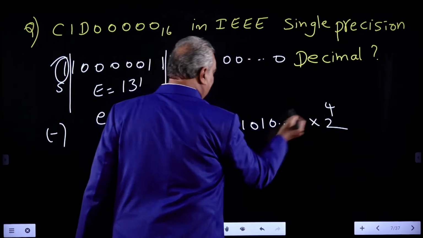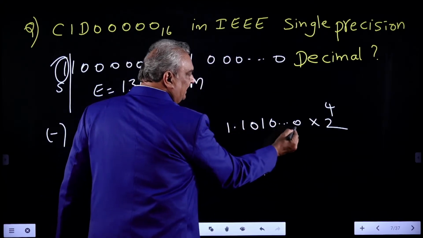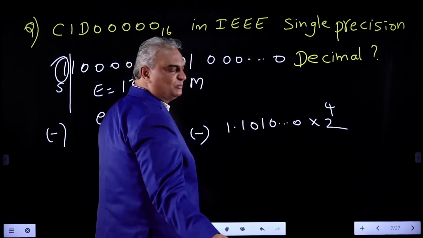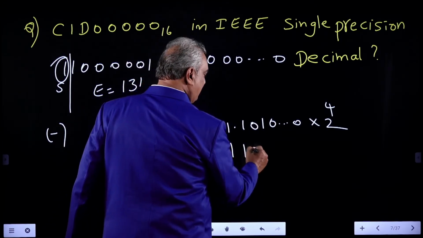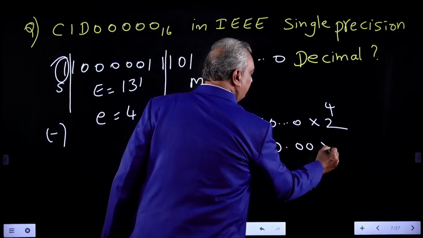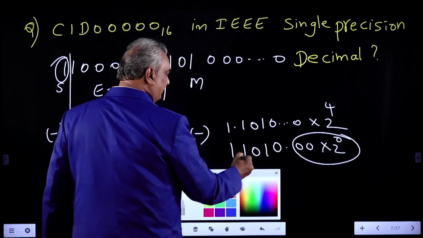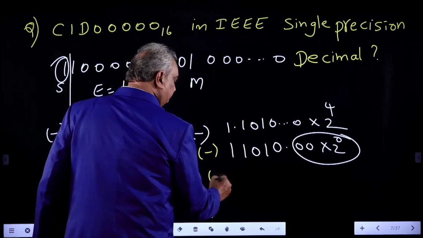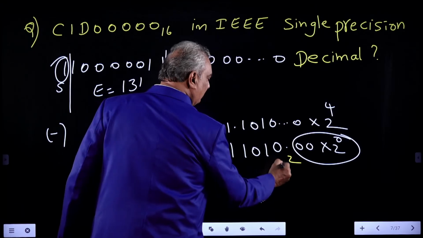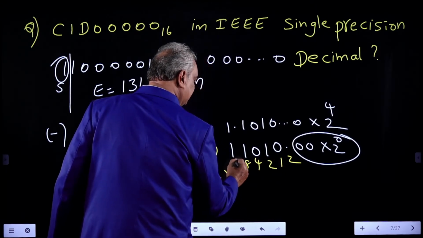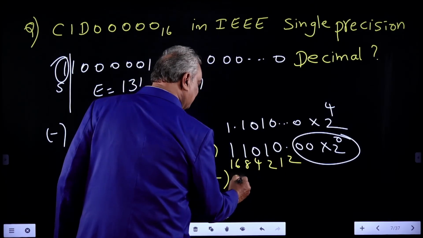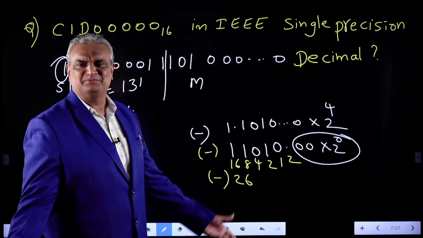To get a 0 here, you have to shift the decimal point right, by how many positions? 4 positions. Then there is no need to consider the rest. Now it is in binary: 1, 2, 4, 8, 16 means minus 26. The answer is minus 26.